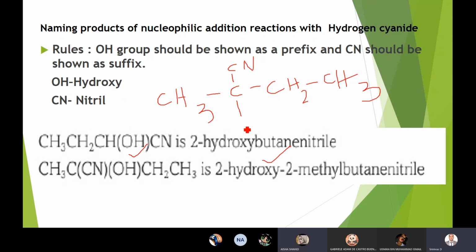Again the rule is the same. The alcohol group acts as a prefix. So 2-hydroxy, 2-methyl butane nitrile. So total length of the carbon chain, again you check 1, 2.